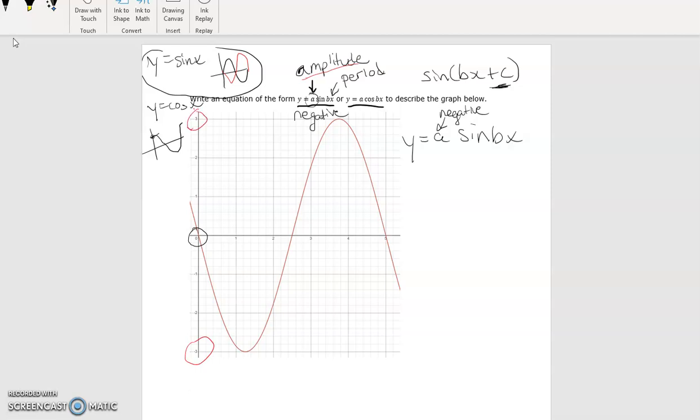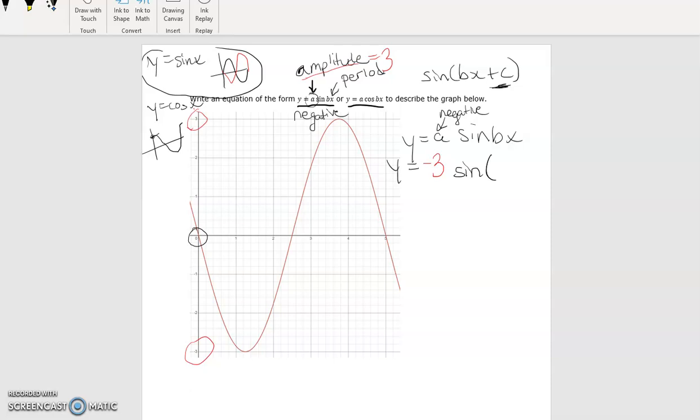So the amplitude, because the graph is going down 3 and up 3 from the midline, kind of the sea level for this sine wave, is 3. So the amplitude is 3, and the graph is reflected. It's going down first and up second. So this a here is going to be -3. So far we've got y equals -3.